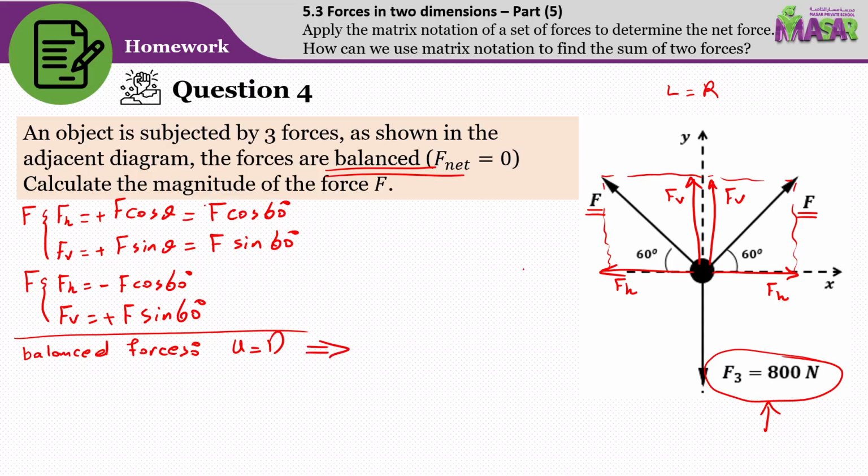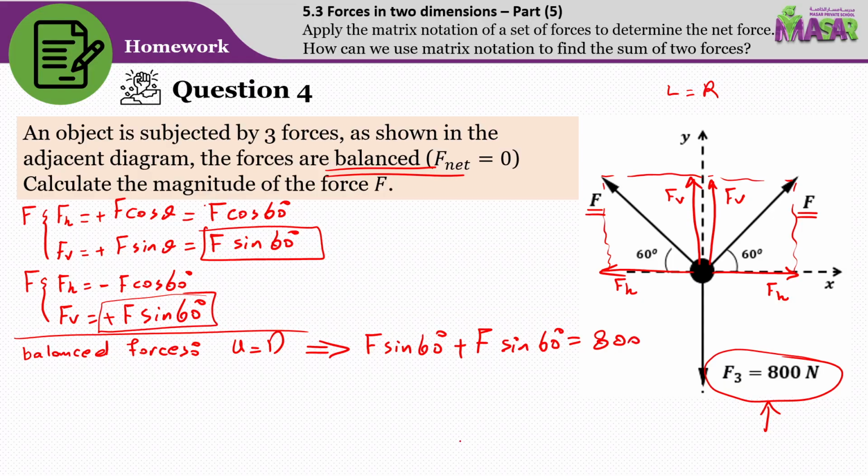Now in the upward forces, we have two vertical forces, and the expression of these forces is given by F sine 60. So let me write F sine 60 for the first force and F sine 60 for the second force. And both are equal to 800 because we are dealing here with balanced forces.